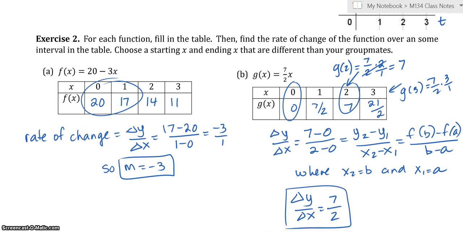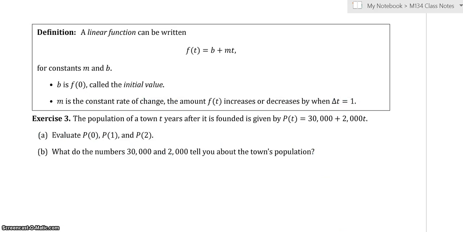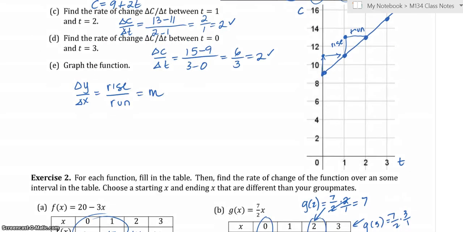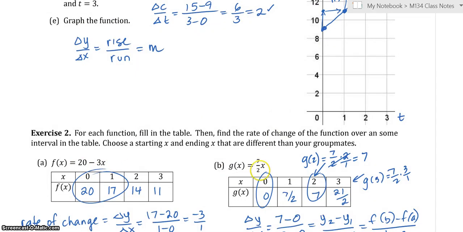Okay, let's look at exercise 3 on the next page. Before we start exercise 3, there's where they define the m and the b. Linear functions can be written as f of t equals b plus mt. If you go back to the page before, if you notice, that's how all these were written.